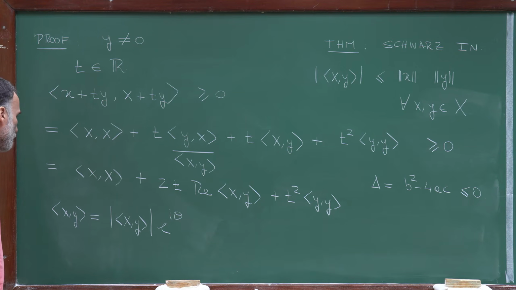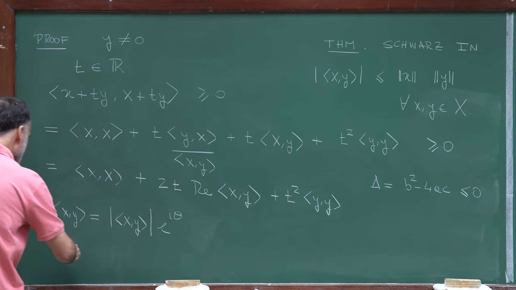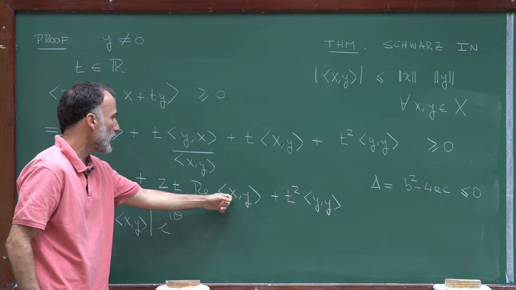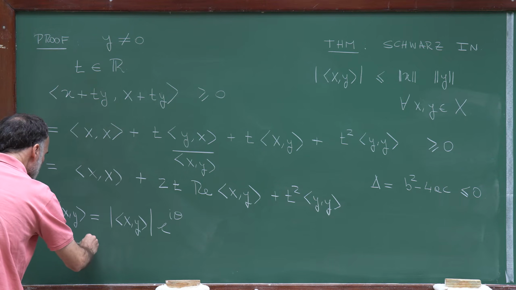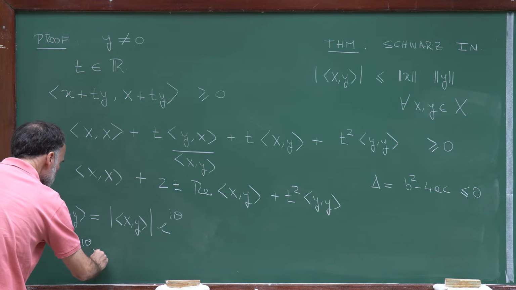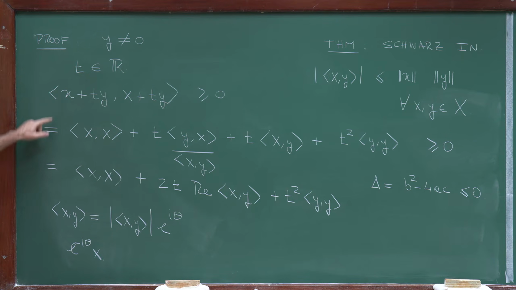So what I will do is replace in this expression x by exponential minus i theta times x. I'll replace in these identities x by exponential minus i theta x.